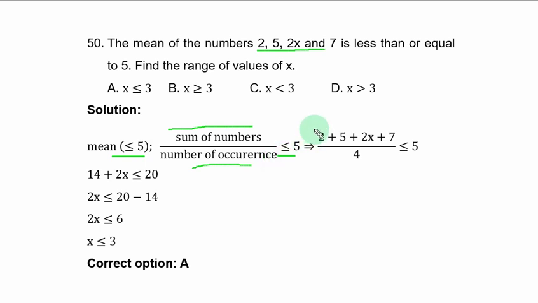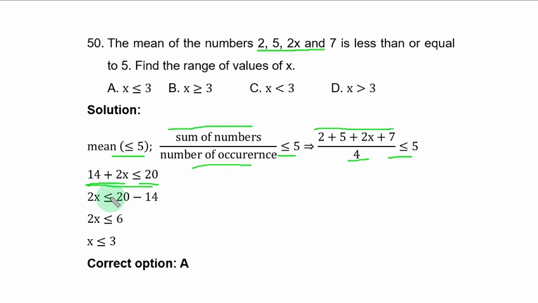You add all the numbers together, they appeared 4 times, over 4, less than or equal to 5. Multiply through by 4. At the same time, simplify the numerator. You have this result. If you add 2 plus 5, that is 7 plus 7, 14 plus 2s in this form. 4 times 5 is 20.